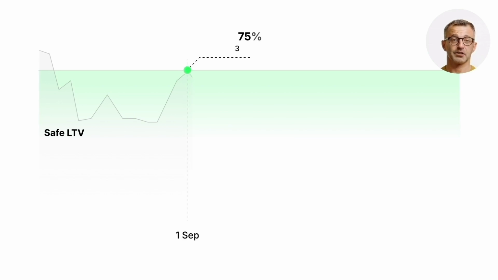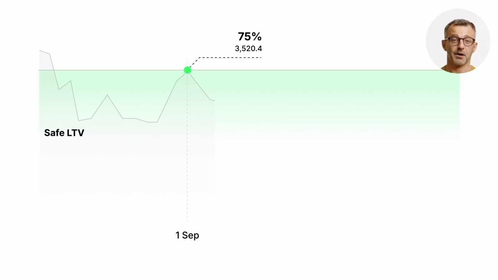Now, let's look at an example of how your LTV may change depending on the market situation and what events may occur. Suppose you borrowed digital dollars secured by some cryptocurrency when its market price was at its highest. At that moment, the ratio of your collateral to the loan amount, that is, your current LTV, was 75%. Your loan was in the green safe zone.